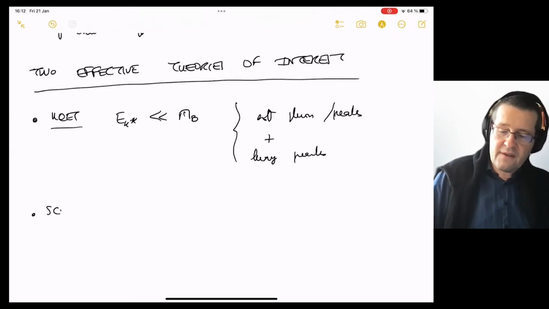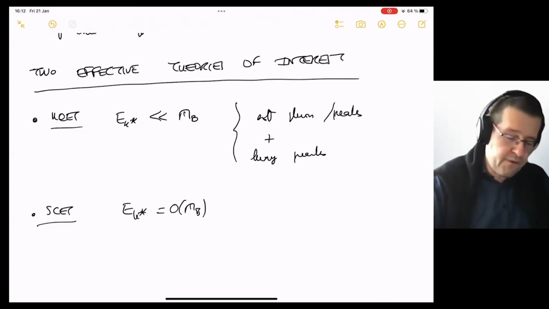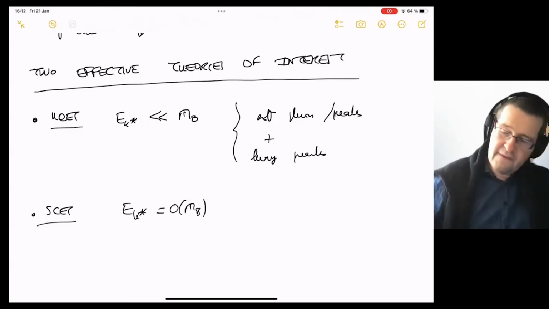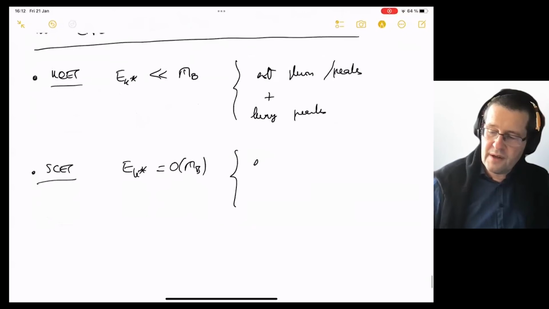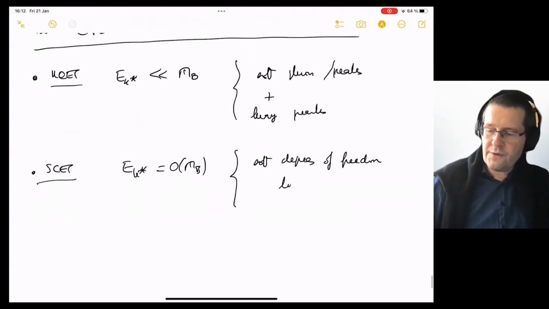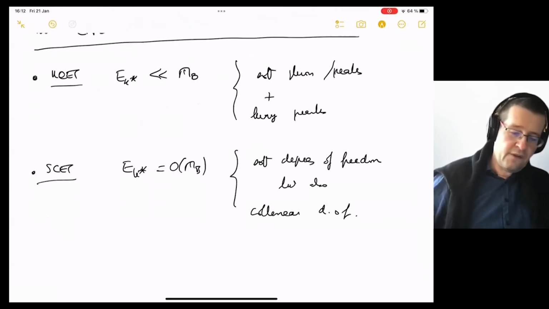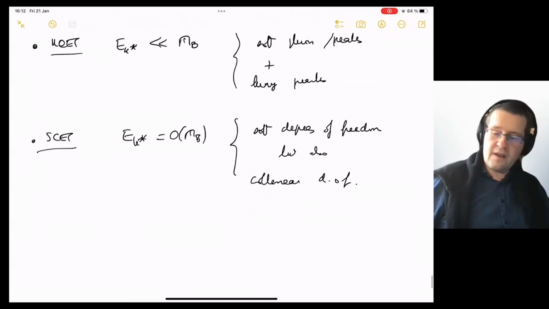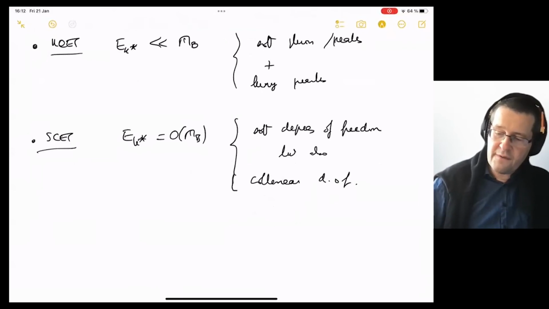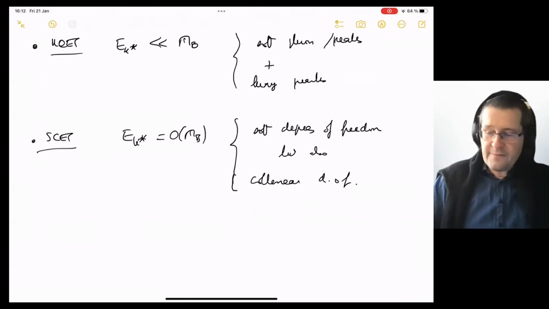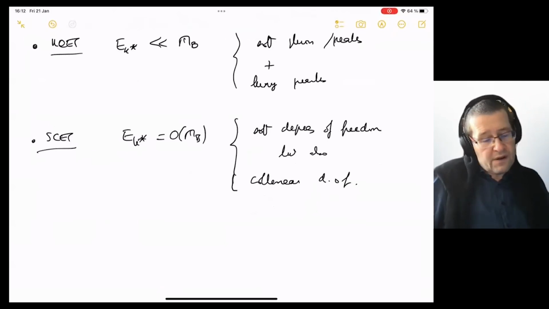And then you've got the SCET case, where the energy of the K star is of the order of MB. That means that you have to take into account not only soft degrees of freedom, but also collinear degrees of freedom. So what does it mean? It just means that you have light-like directions that correspond essentially to the direction in which the K star is flying.